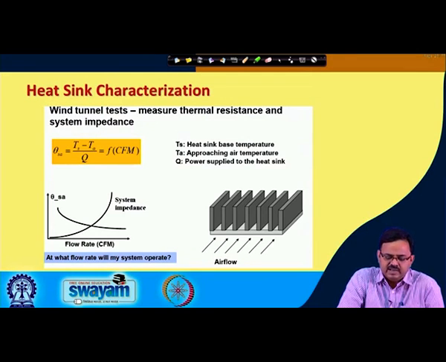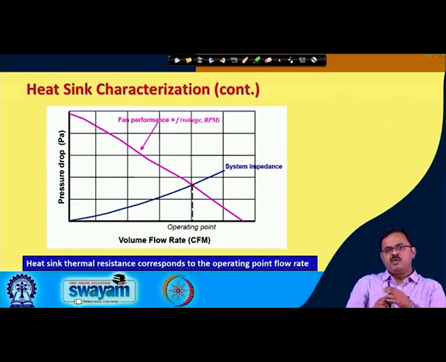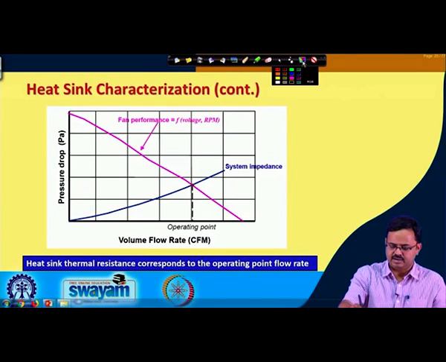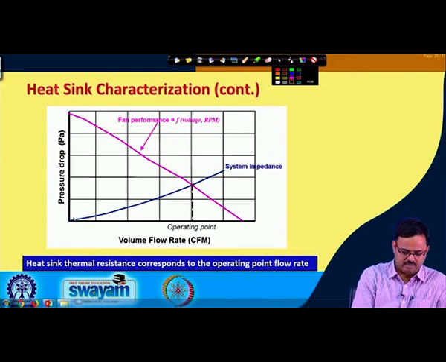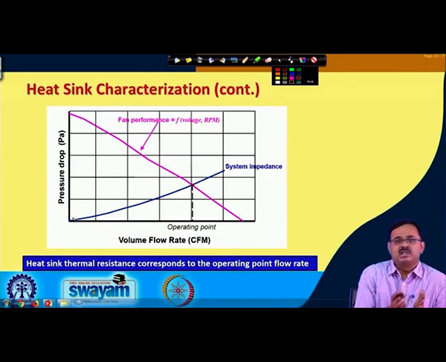Okay. Now, that being said, if I now tell you that I am going to change the heat sink, this is not good enough. I change the heat sink such that my thermal resistance is not good enough.